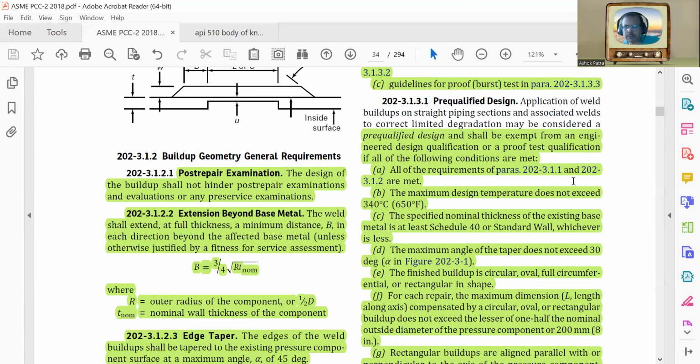The maximum design temperature does not exceed 340 degrees centigrade, 650 degrees Fahrenheit. The specified nominal thickness of the existing base metal is at least Schedule 40 or standard wall, whichever is less.